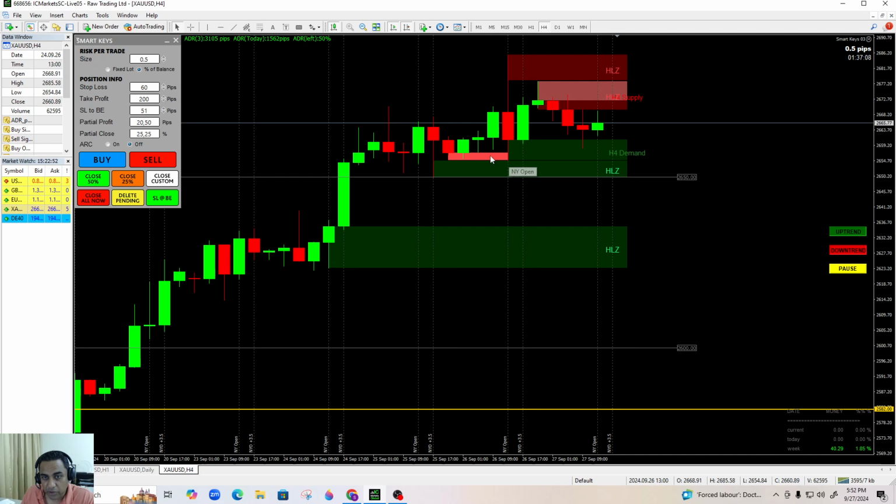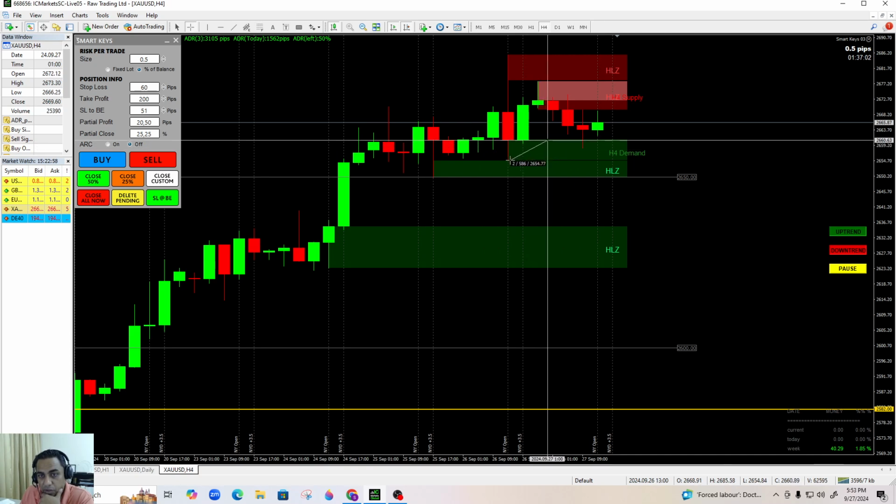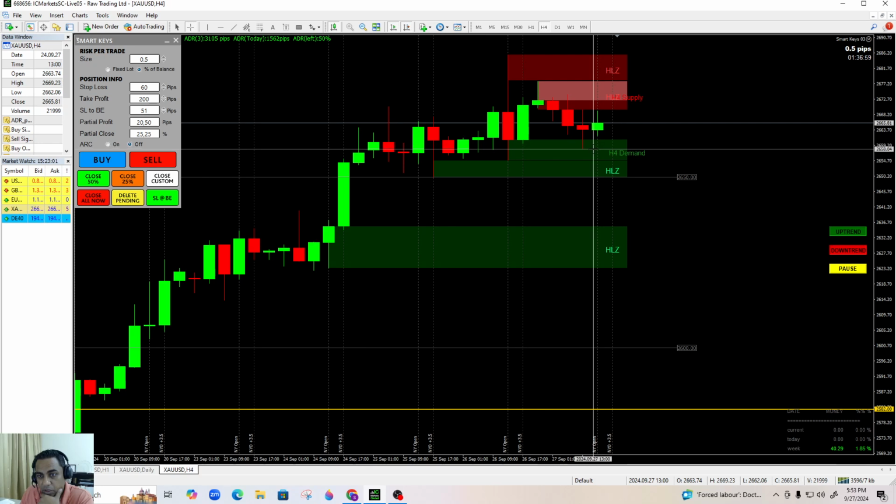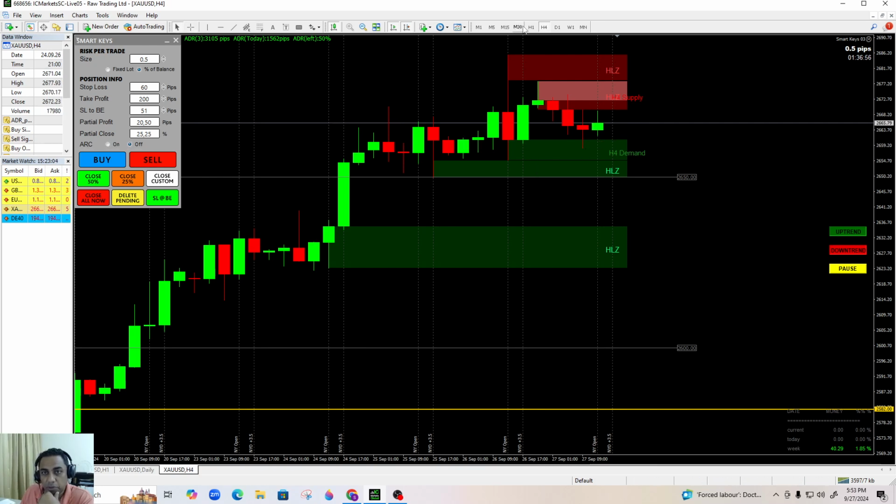This wick is important, but price already reacted to that wick. 58 pips, and price has come to the middle of it. So maybe the buy liquidity is already consumed there.